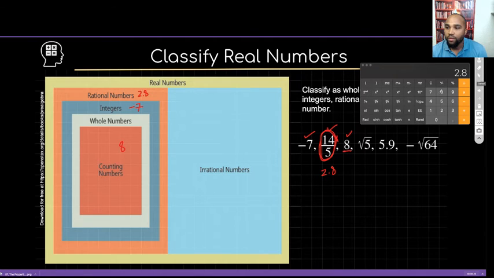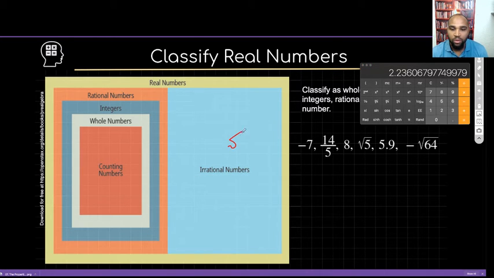All right, so square root of 5, let's do 5 square root, and nothing's repeating there, so this thing goes on and on. That's definitely going to go with irrational. Square root of 5 is irrational.